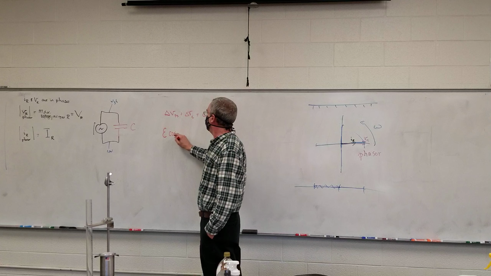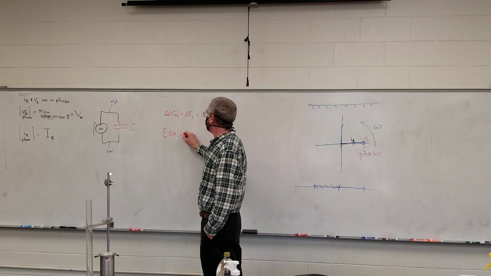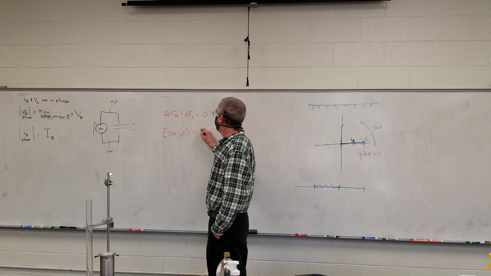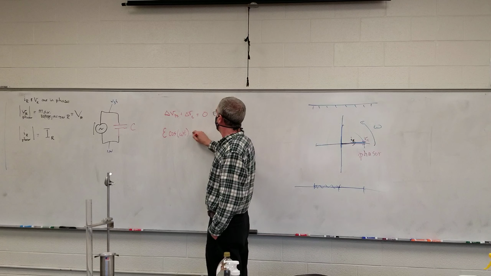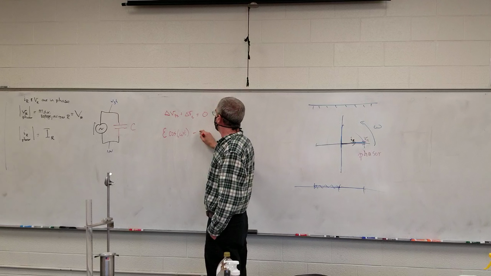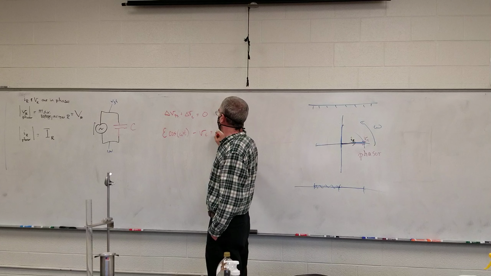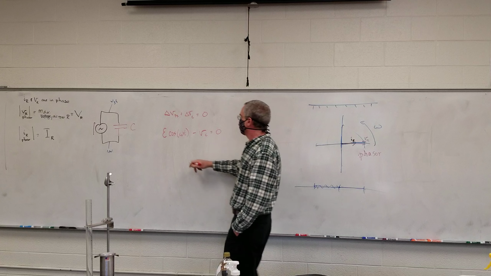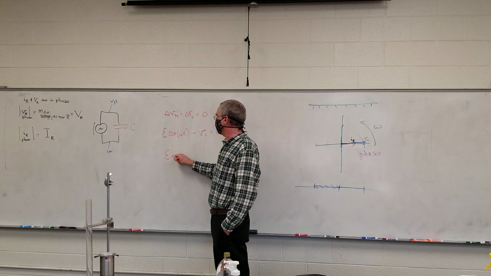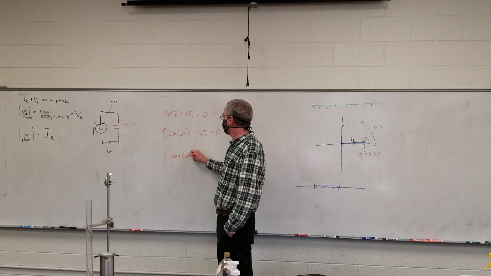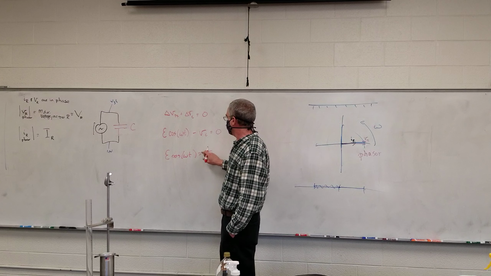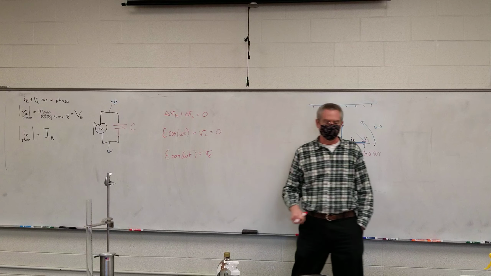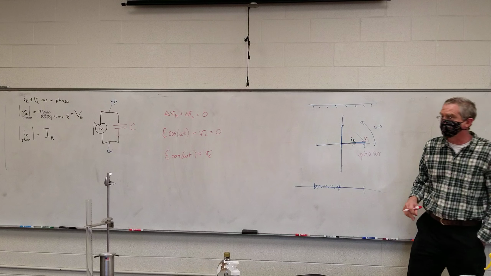Epsilon cosine of omega t minus VC is equal to 0. We get epsilon cosine of omega t is equal to VC. All that, nothing earth shattering there.